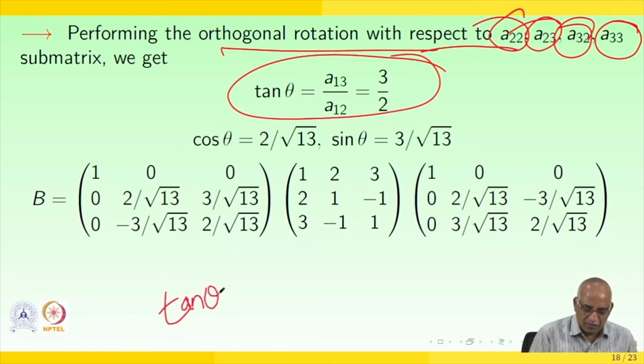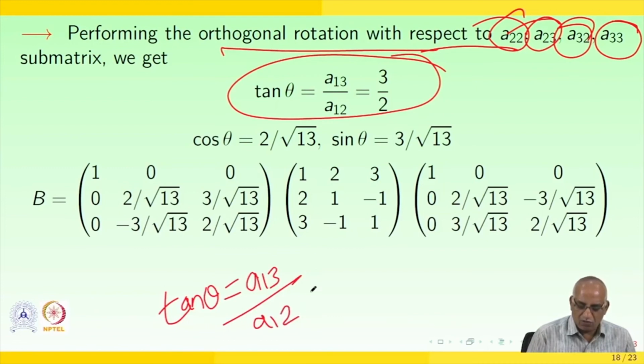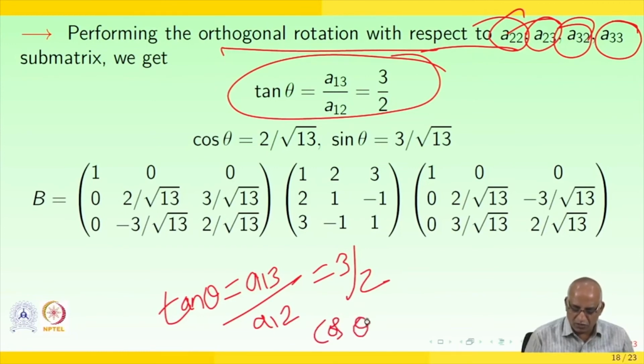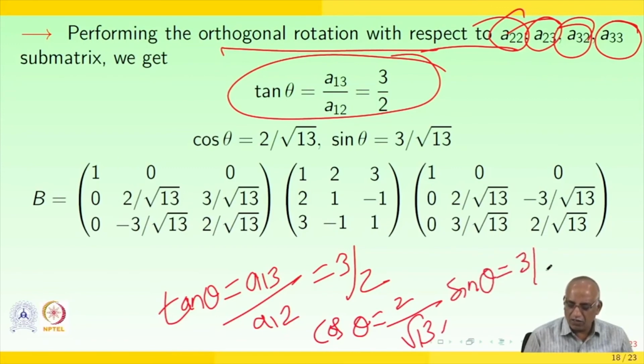So tan of theta is equal to A13 upon A12, which is equivalent to 3 upon 2. So cos theta is equal to 2 over square root of 13, sin theta is equal to 3 over square root of 13.